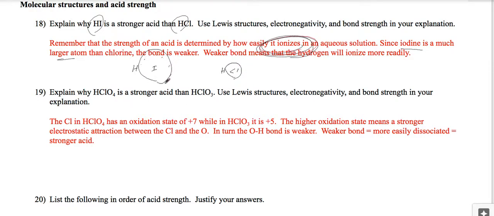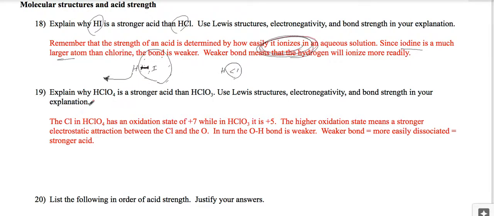This is a very diffuse electron cloud, and there is shielding going on between the nucleus and the attraction that it has with the hydrogen atom. And so this shielding prevents the nucleus from being able to attract the electron from hydrogen, makes this bond weaker, and the hydrogen is more easily removed. It ionizes. Where this is a smaller atom, that attractive force is greater, keeps them bonded together better.